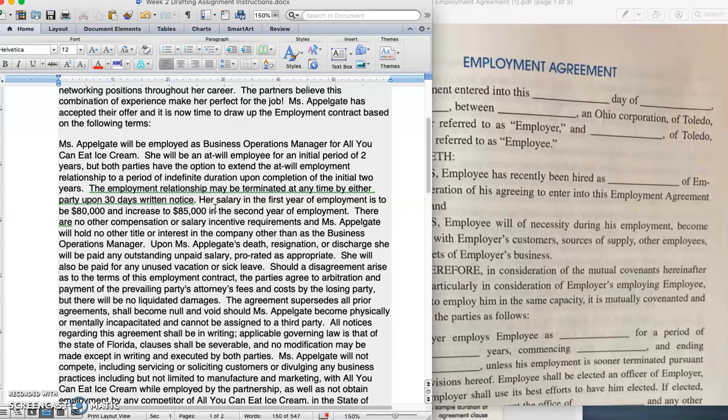Oftentimes, certain terms and provisions in contracts are standard. They have a standard way of being written, a standard way of being said that makes them enforceable. And so there's no need to reinvent the wheel and create these provisions from absolute scratch.